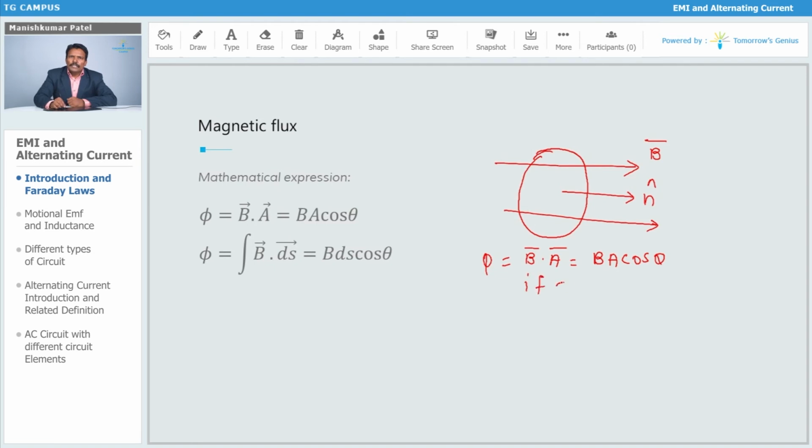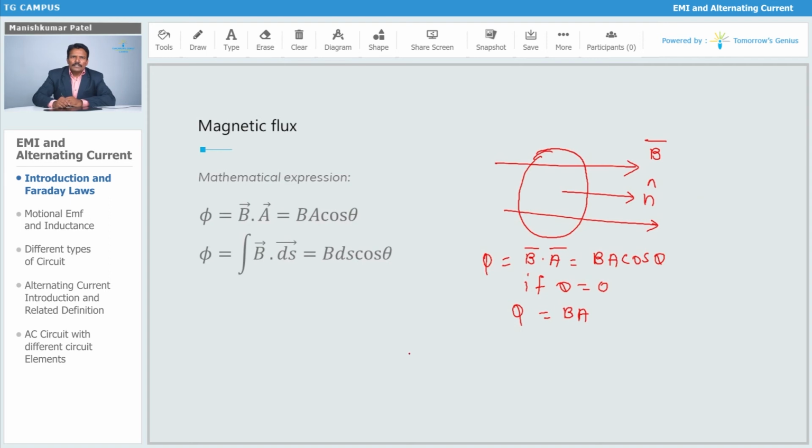If theta is equal to 0, then phi is equal to BA. In that case, the maximum flux will cross. You get the maximum flux when the angle between B and the direction of the surface is 0.